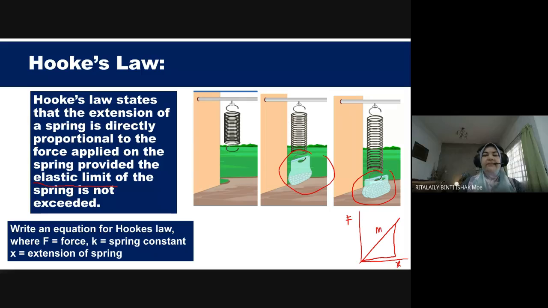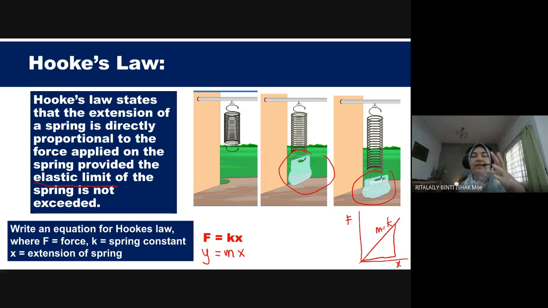In this case, the gradient is called the spring constant, with the symbol K. This is where the equation of Hooke's law comes from: F equals Kx, where F is the y-axis, K is the gradient, and x is the x-axis of the graph. This is the origin of the Hooke's law formula.